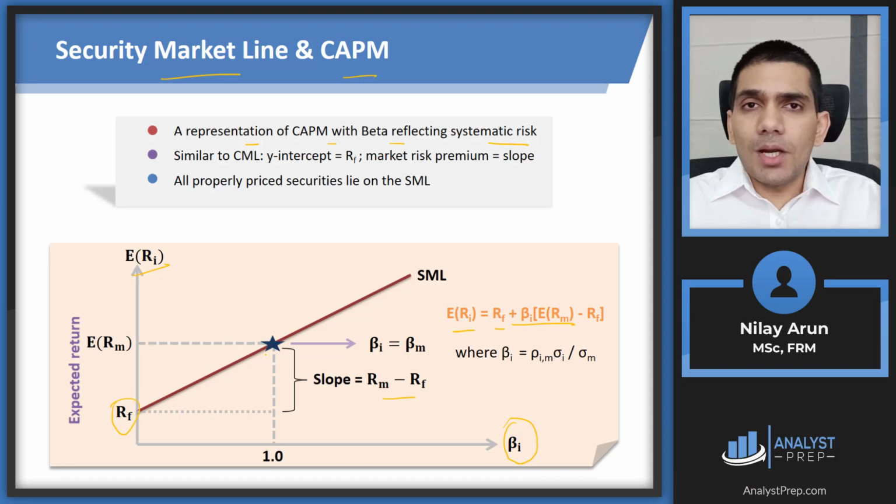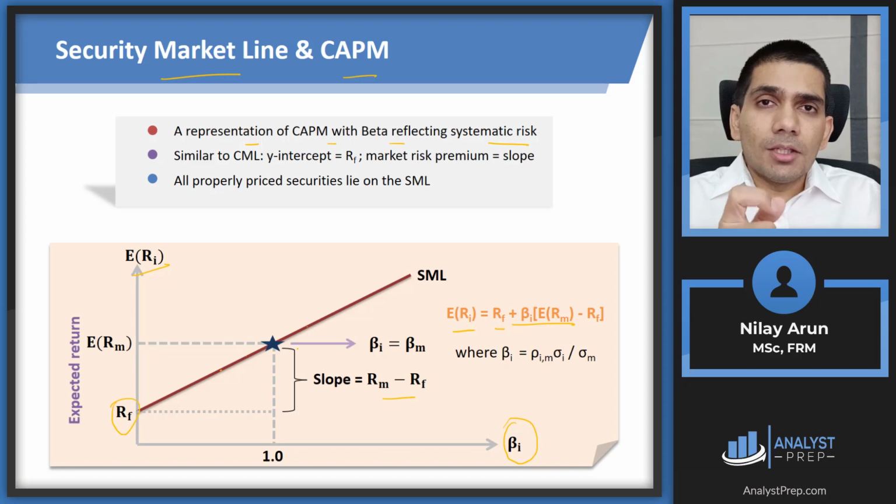Now, how do we interpret the security market line? The interpretation is that all the portfolios that are properly priced will plot on the SML. They will lie exactly on the SML. What do we really mean by properly priced securities or portfolios? Properly priced means that your required return and your expected return are exactly the same.